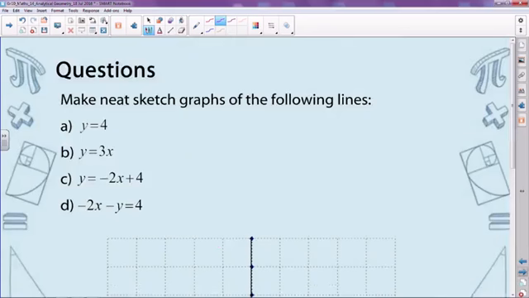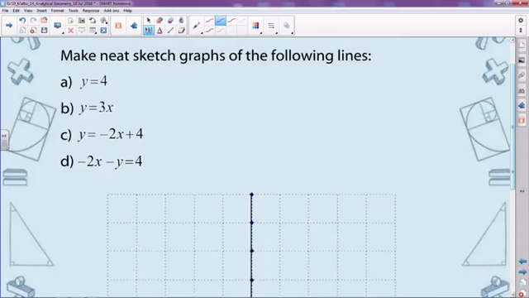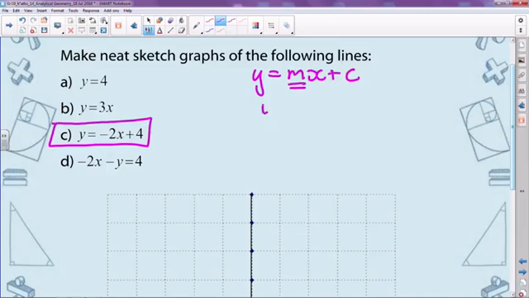The next one, we're going to pull up a clean slide, and this is the more conventional question. In the formula y equals mx plus c, m is your gradient. So in this particular formula, where y equals negative 2x plus 4, negative 2 will be our gradient. Can you remember what the c value was?